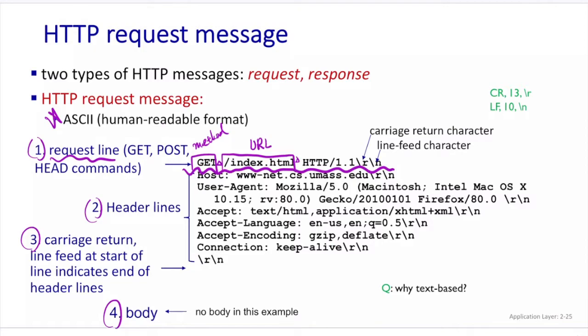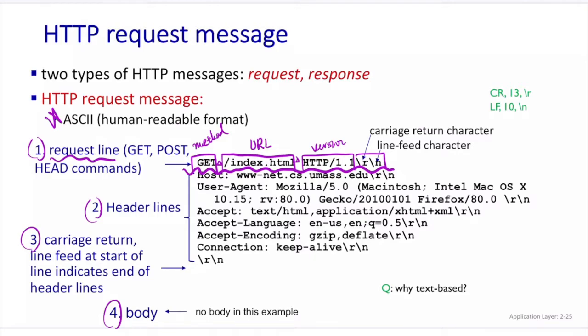The third part is the version. And that part is followed by the carriage return character and the line feed character. These different fields combined together are the request line.